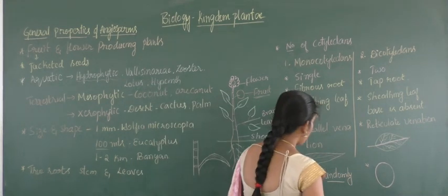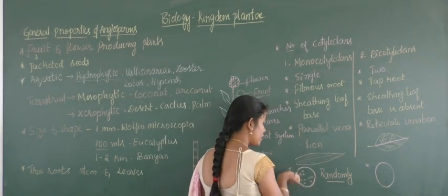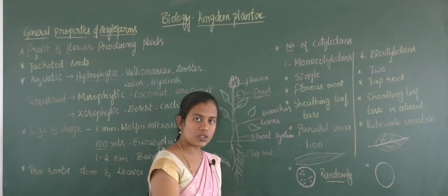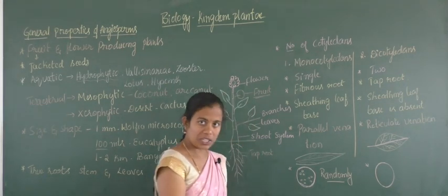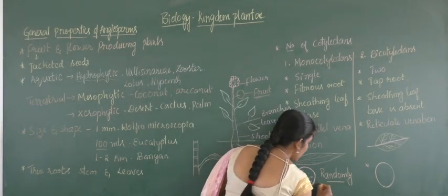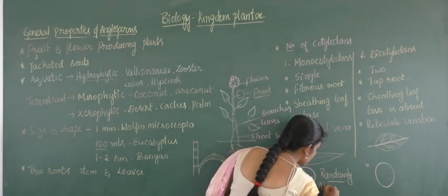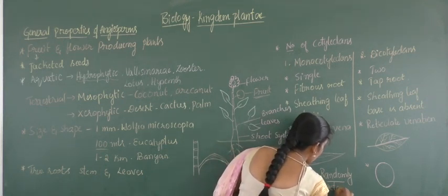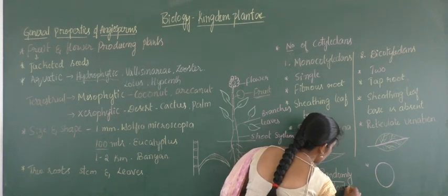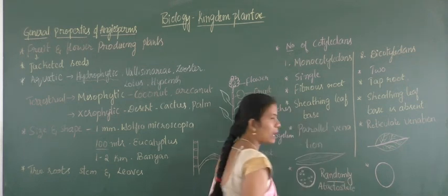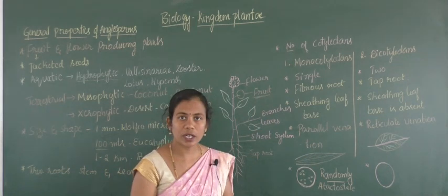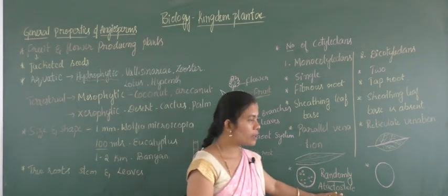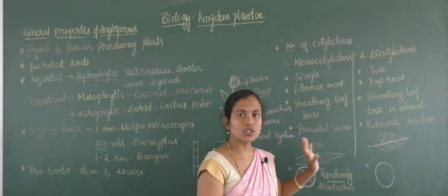This is one thing. And that type of stellar region, the internal region of a stem, is called a stele, and it will be of atactostele condition. Atactostele. When you come to the college lab, then you are going to understand what is atactostele. Just keep this word atactostele in mind.